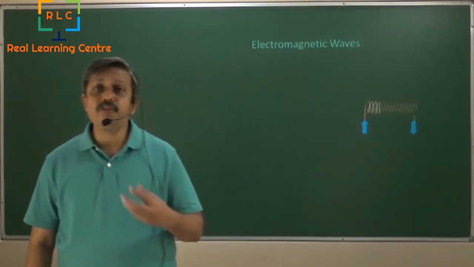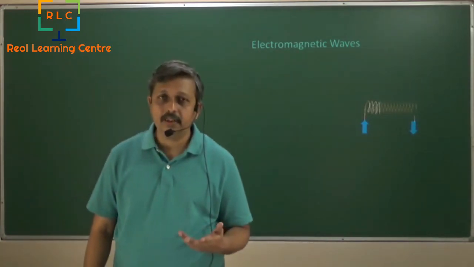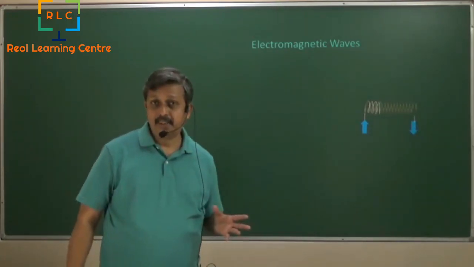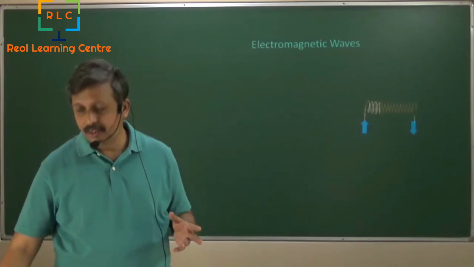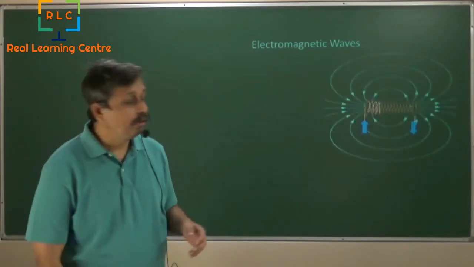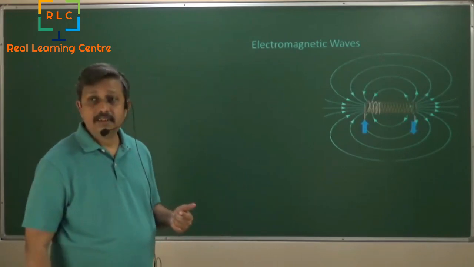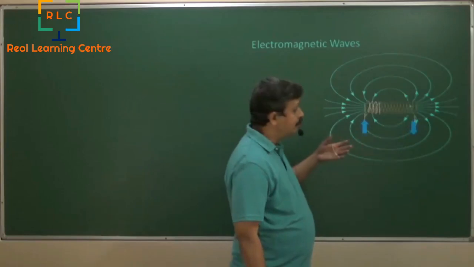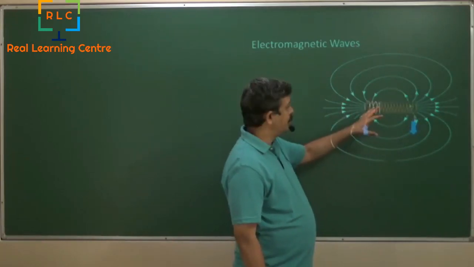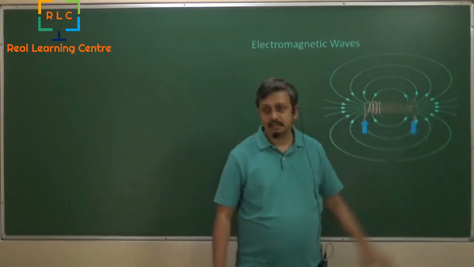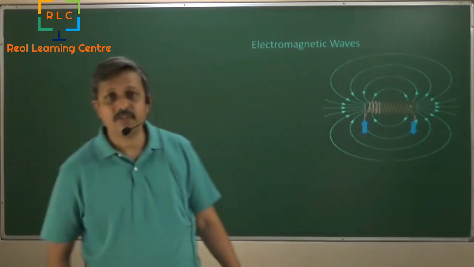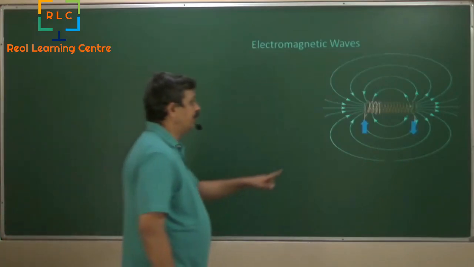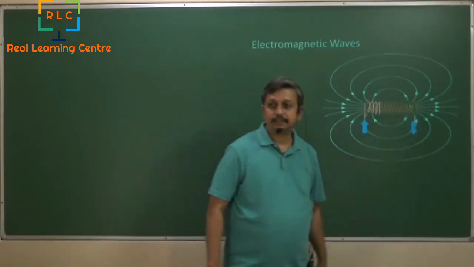So if you switch on the current for that coil, you can see that we can create a magnet. We know that by doing a solenoid, we can create a magnet. I have not kept a magnet here, but it is like a magnet. How a magnet gives magnetic lines, the force field or magnetic field that we have around it, was created by the electric current flowing through this.